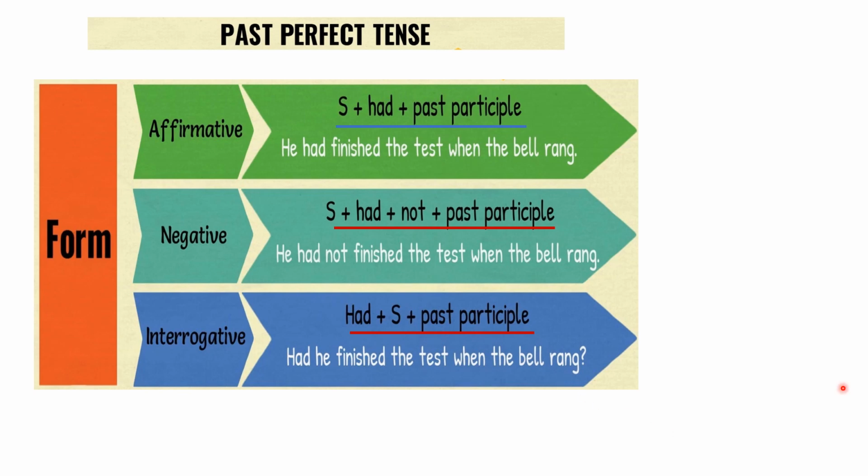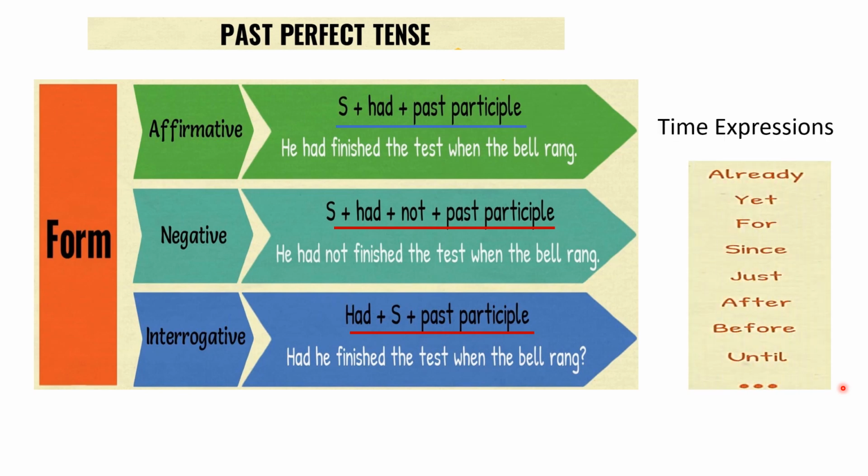Remember, in making past perfect tenses, we can use, sometimes, most of the time, or usually, depending on you making sentences, time expressions like already, yet, for, since, just, after, before, until, or when.